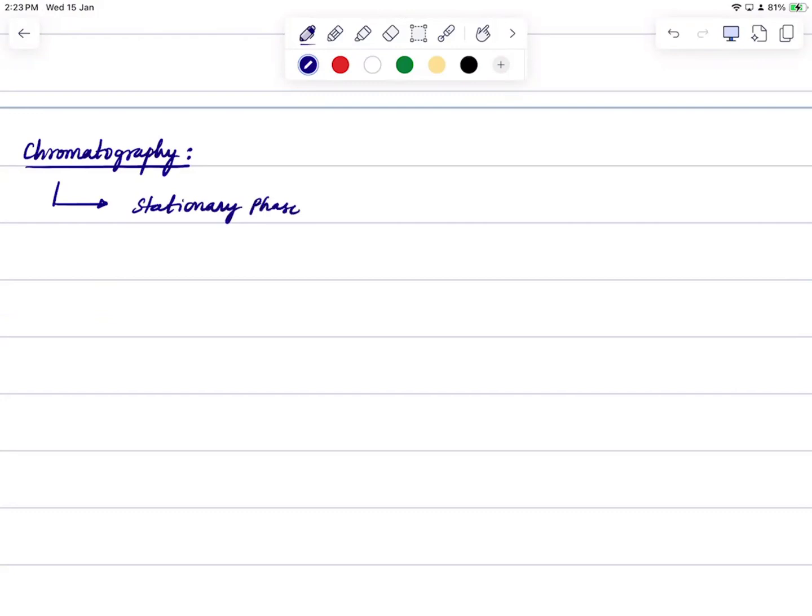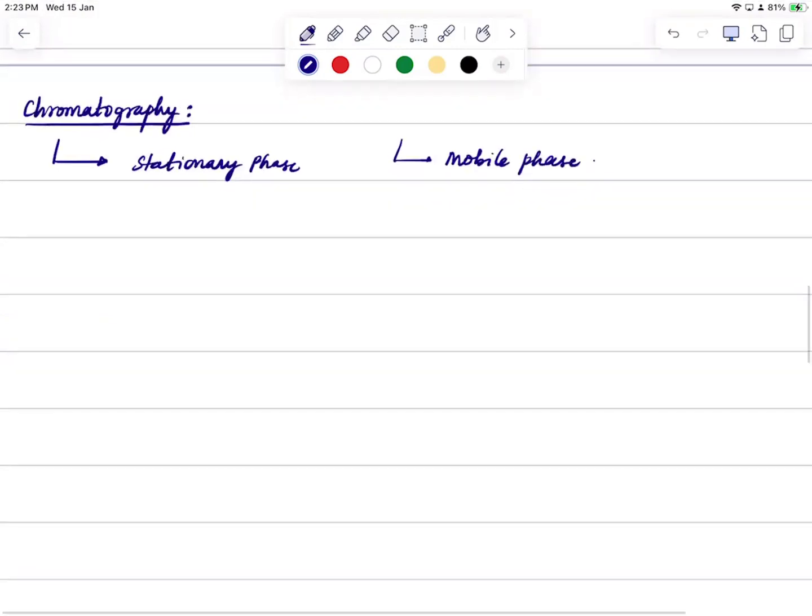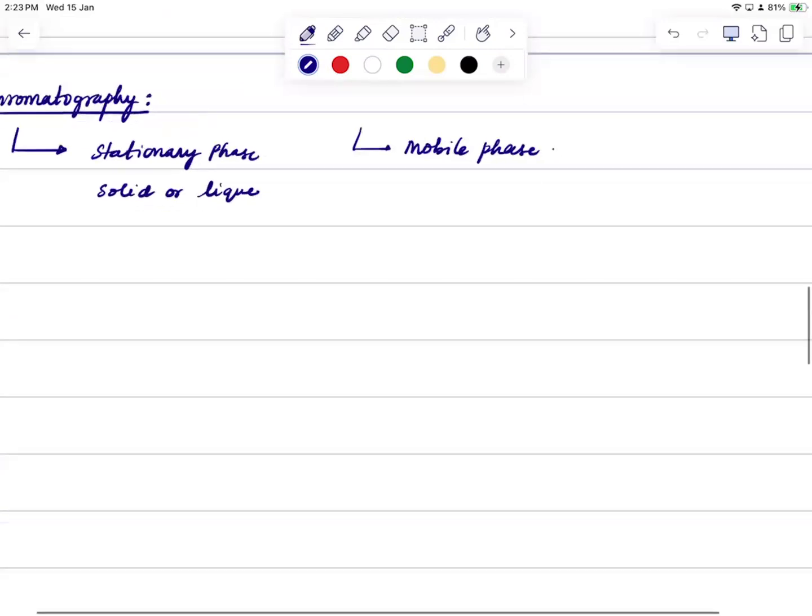The other one is mobile phase, correct? So just remember that the stationary phase could be a solid or liquid, clear? Right. While the mobile phase could be a liquid or a gas.